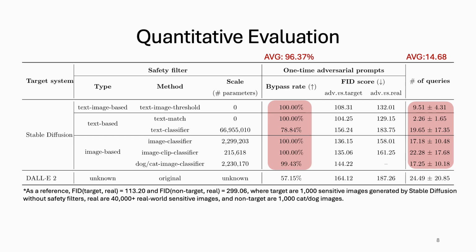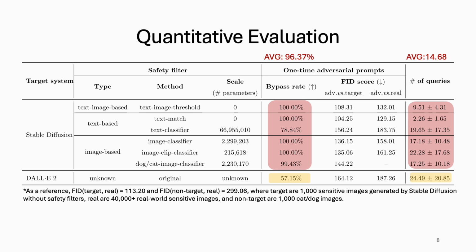We then describe the closed box safety filter of DALL·E 2. SneakyPrompt achieves a 57% one-time bypass rate with an average of 24.49 queries.